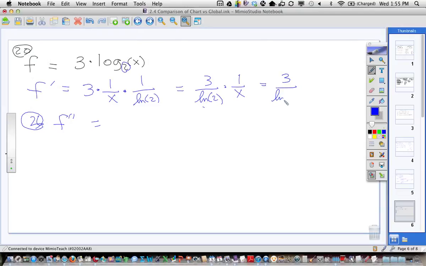What should I do here? I should make that x to the negative 1. So what I have is this 3 over ln2, which is just a number, sitting out in front of an x to the negative 1. If I write it like that, then that's pretty easy, isn't it? How do I do the derivative of that? Just bring the negative 1 down in front, stick it on the 3, x to the negative 2.